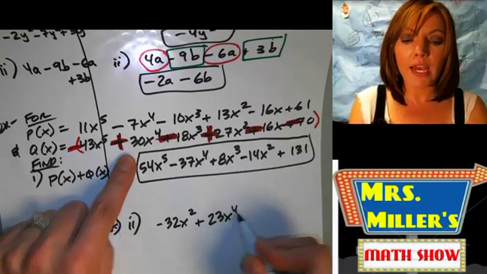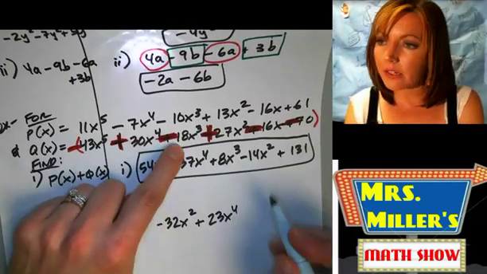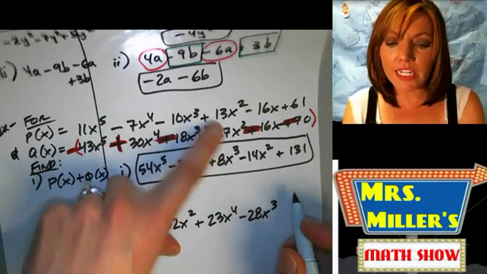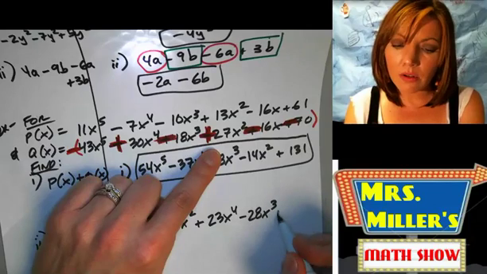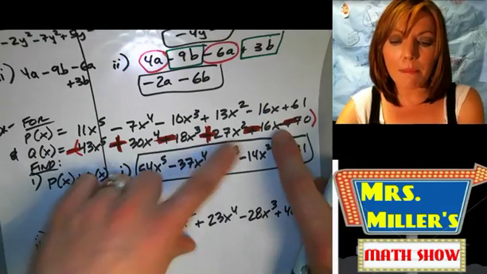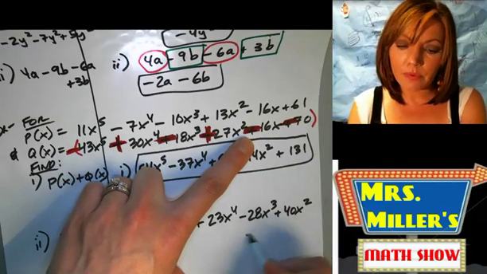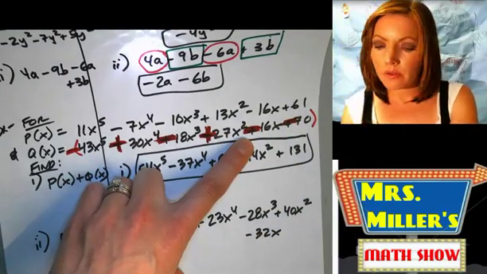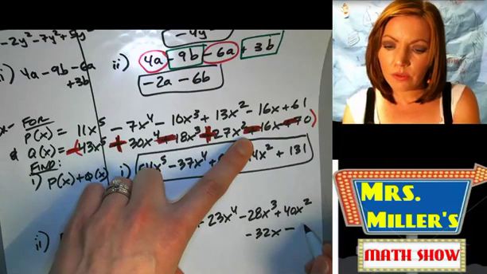Negative 10 minus 18 gives negative 28x to the 3rd. 13 plus 27 gives 40x squared. Negative 16 minus 16 gives negative 32x. And 61 minus 70 gives negative 9.